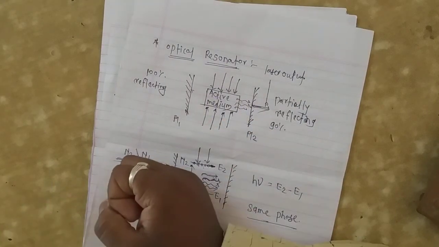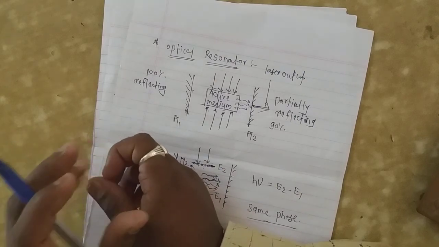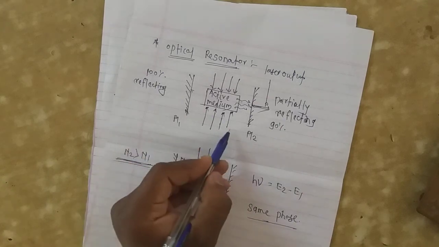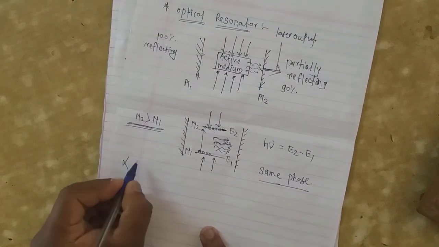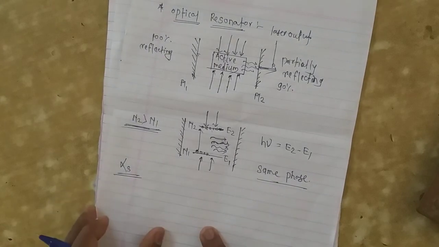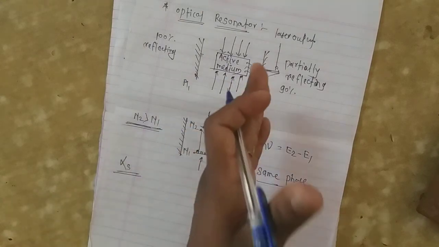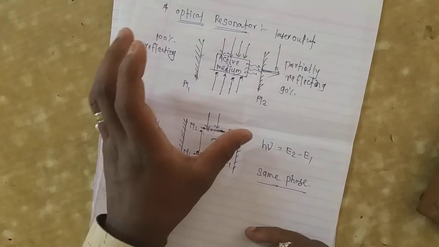That transmitted component is a loss of energy from the resonator, and this is simply denoted by alpha s. Alpha s is the loss of energy through the transmitted component, because 10% of the light will be transmitted. This is simply the function of the optical resonator.